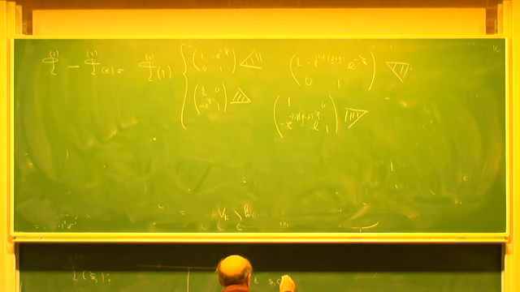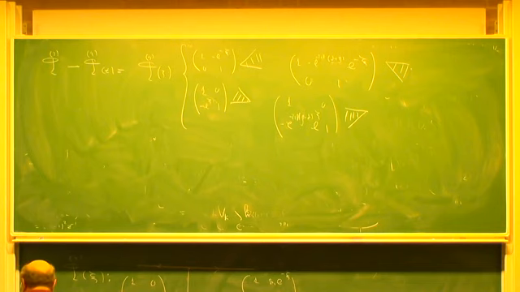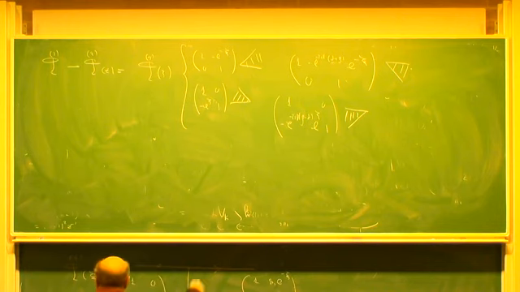Let me introduce new notation: this is S1, this is S2. Of course, I begin to use the Stokes phenomena notations. But there is no equation, this is just the combination, the sum of those.